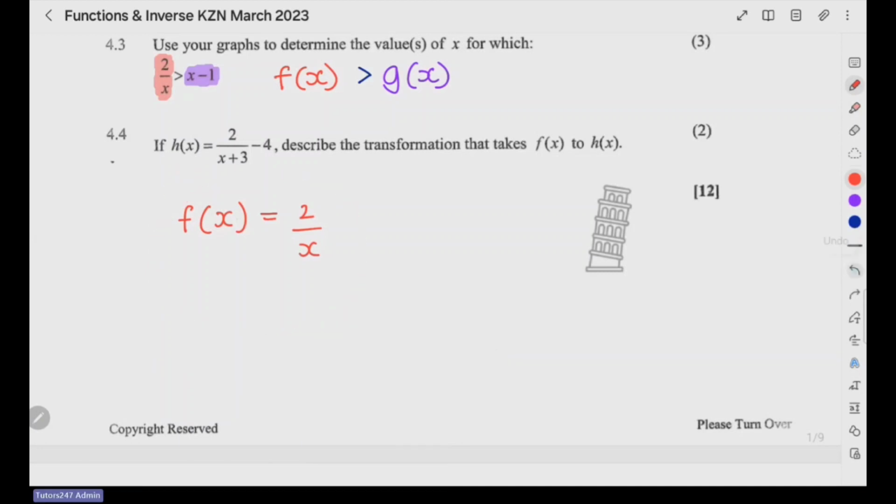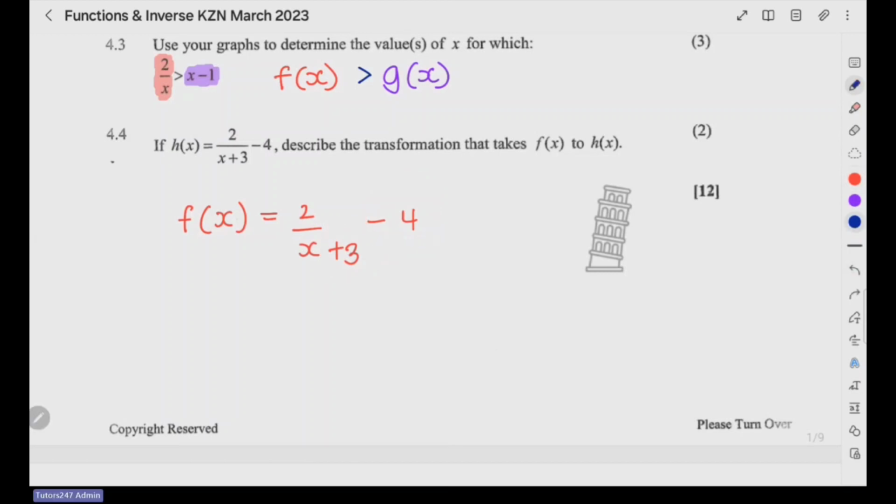If you want to go from f to h, you can see that we have to include this -4 and this +3 at the bottom. So what do these mean in terms of transformations? If you look at the -4, that is in a constant position. If you look at the +3, that is by the x, right?